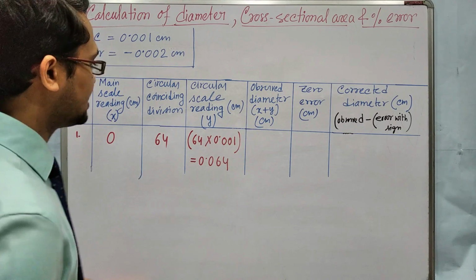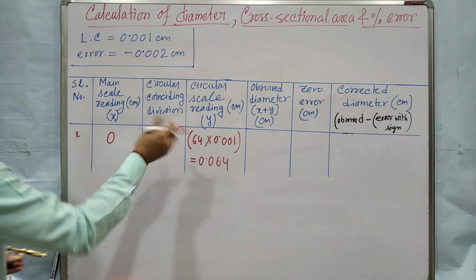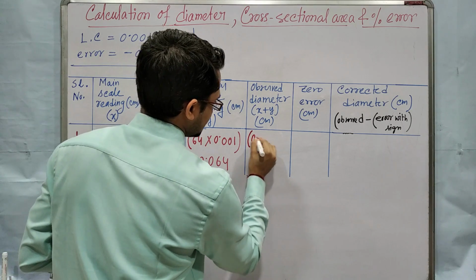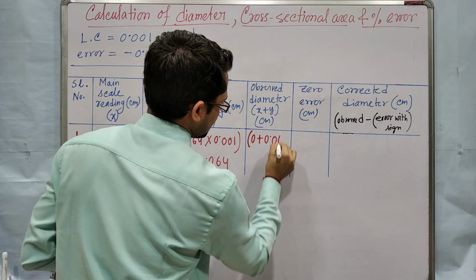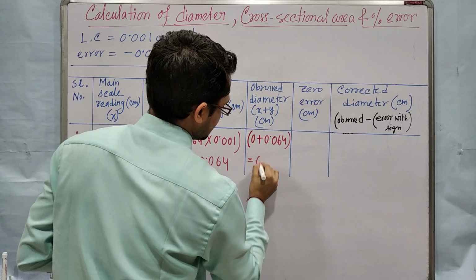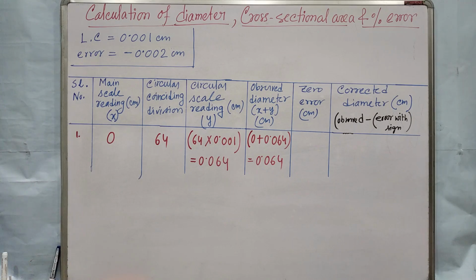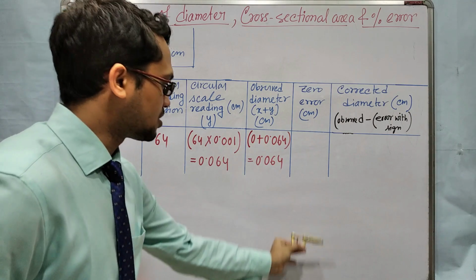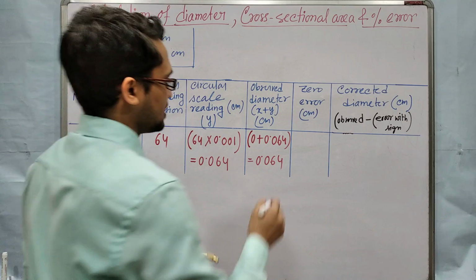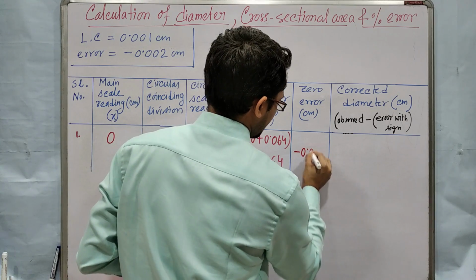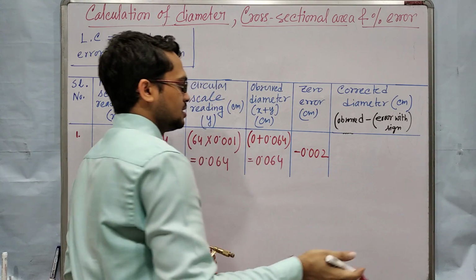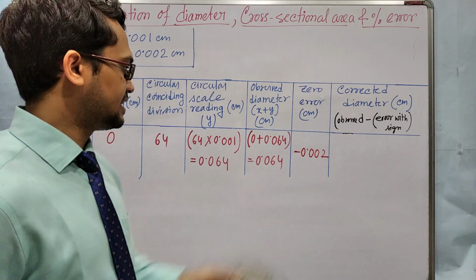Then observed diameter. Observed diameter is X plus Y, so again write the formula: 0 plus 0.064, you will get 0.064. In this way you will write. Zero error: for all the data, zero error will be this, minus 0.002. No need to write the unit because it is already written here.